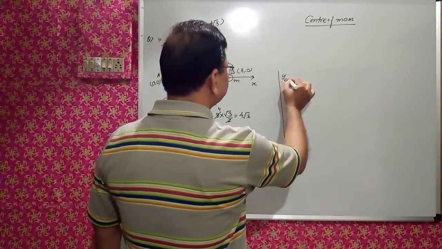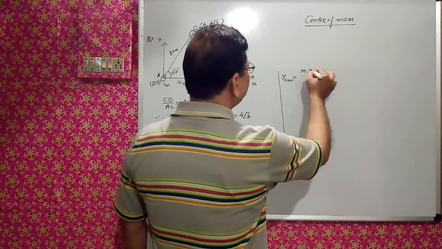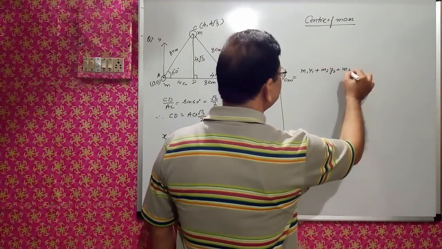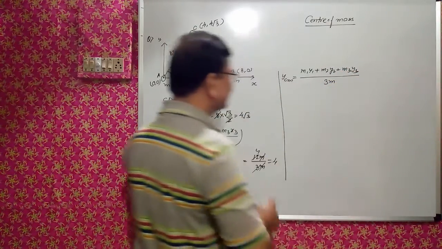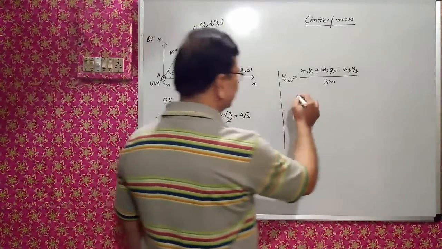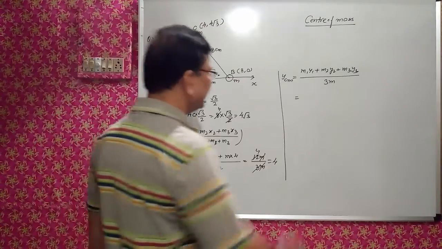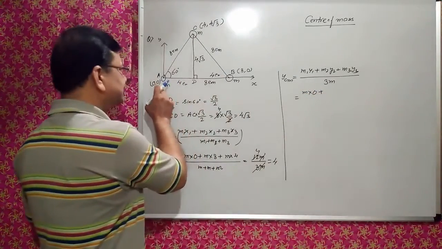So y cm is equal to, in a similar manner, m1 y1 plus m2 y2 plus m3 y3 upon, simply I will write 3m, adding all the masses. So m1 is again m only, so m1 into 0 for this, right?